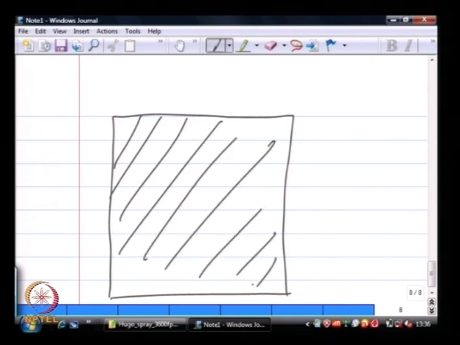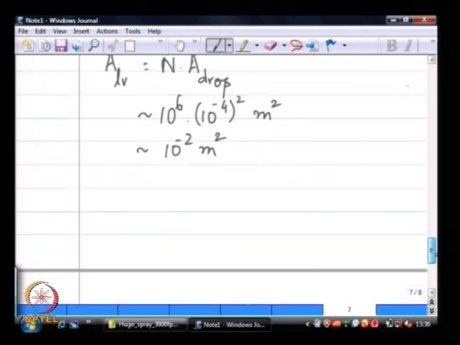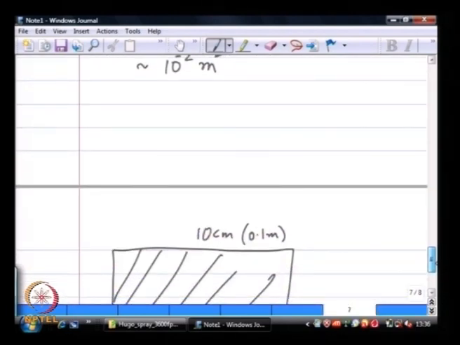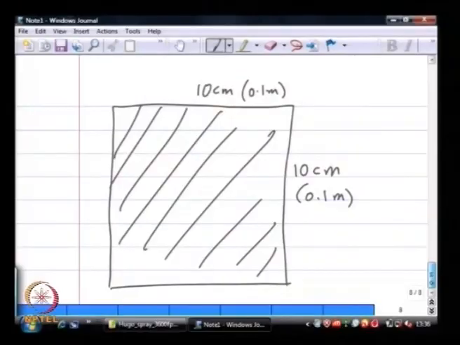This is the actual area that is available. So, this is 10 centimeters or 0.1 meters, this is 10 centimeters, 0.1 meters. Okay. It is like I have taken 1 ml of liquid and smeared it over an area about this big.